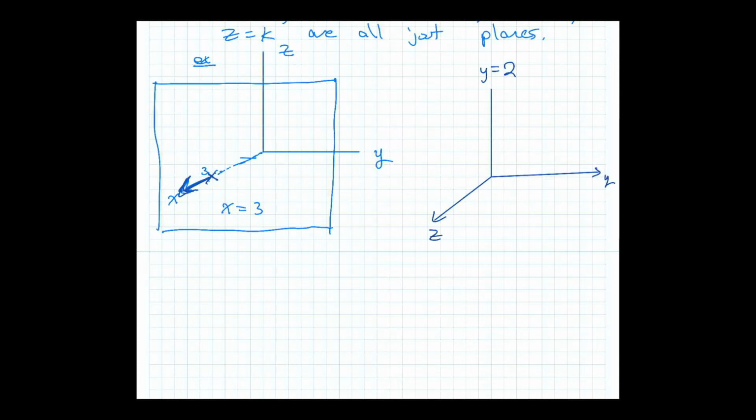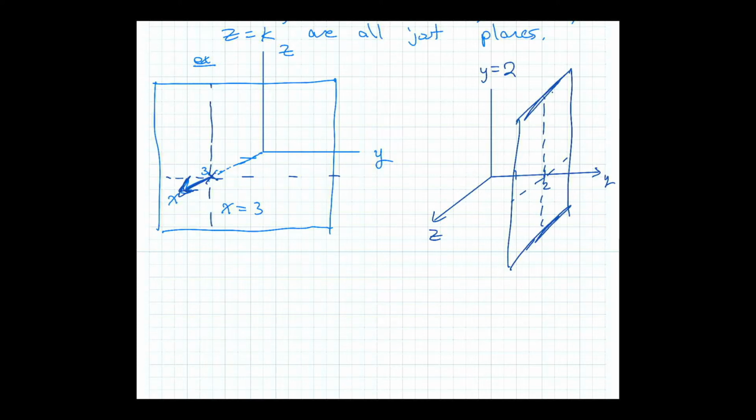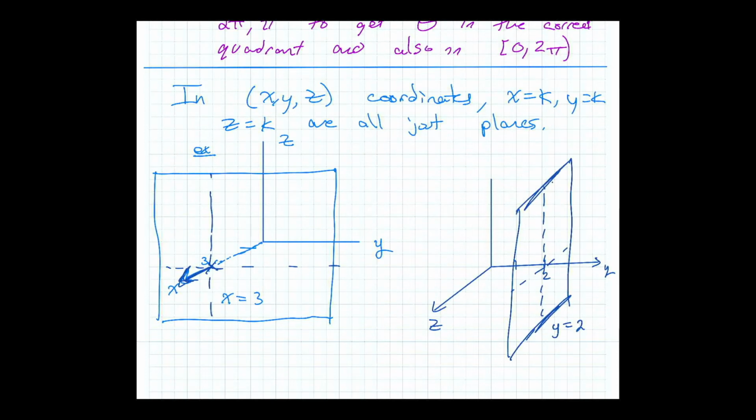So you have y, z, then 1, 2, right? And then if you wanted to draw a plane where that actually hits right there, that's what I should draw. I should do dashed lines like that. Makes it look like it hits. Okay, so that would be the plane y equals 2, right? And similarly for z, z is like a vertical plane up here. So that's how x equals a constant, y equals a constant, and z equals a constant looks. They're just planes in space.